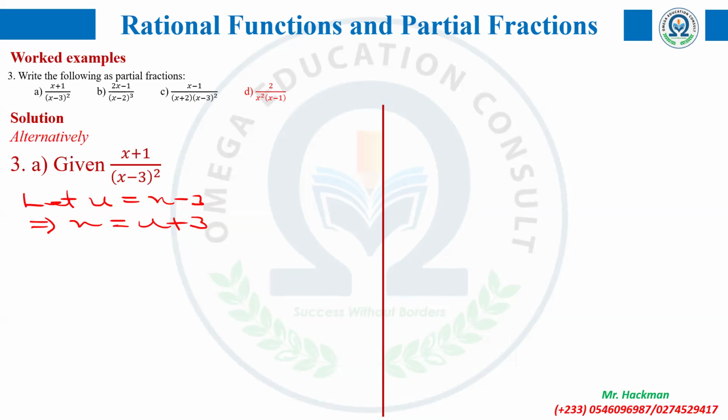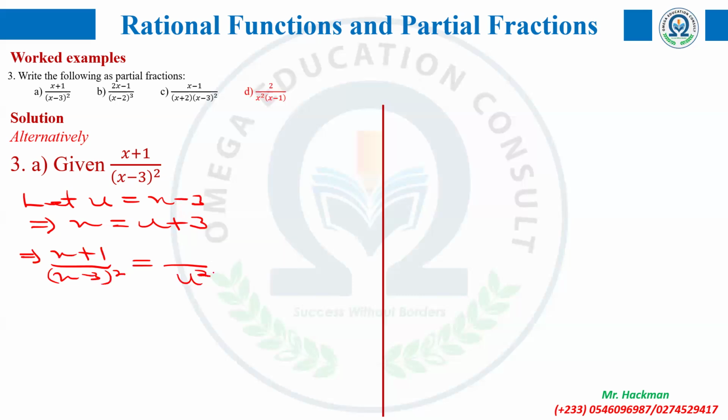Okay, so mathematically right. So it means wherever I see x, I can get its representation in terms of u, so that everything will be in terms of u. So I will now write, this implies that whatever I was given to resolve, which is x plus 1 over x minus 3 all squared, will be equal to, per my substitution, x minus 3 is u, so I will get u squared, just as I've said.